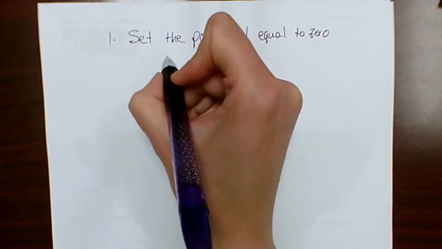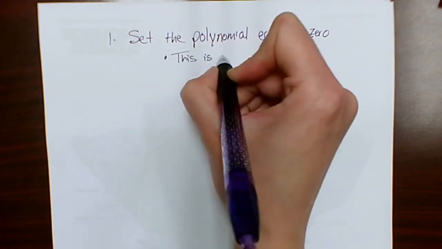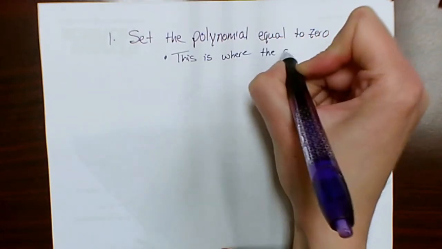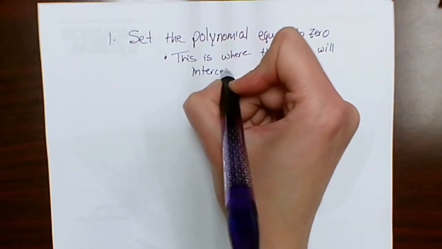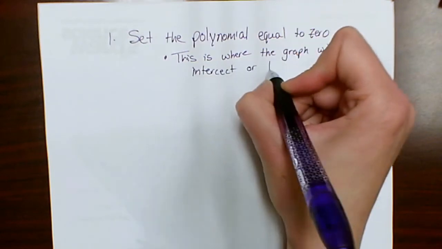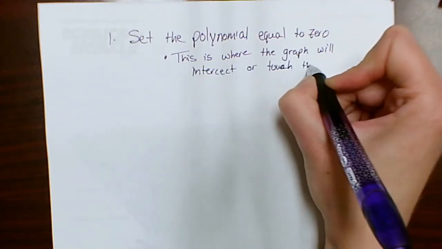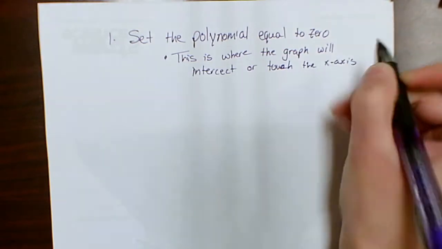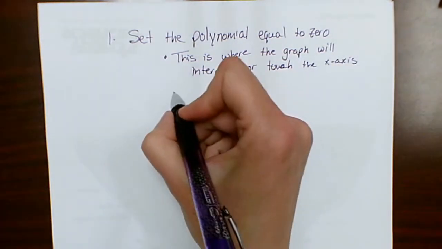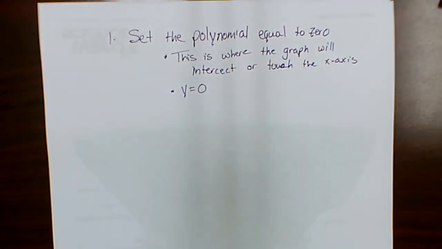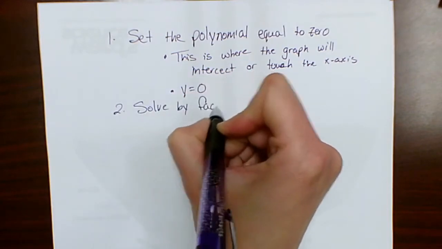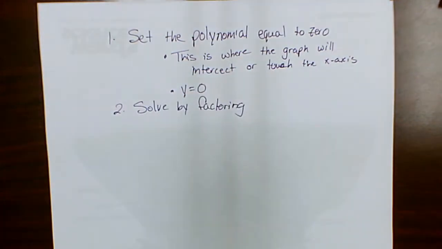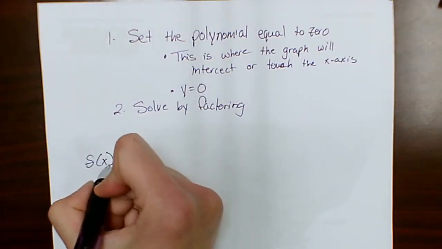This is where the graph will intersect or touch the x-axis. When we set the polynomial equal to 0, we're pretty much saying y equals 0. Then we are going to solve by factoring.